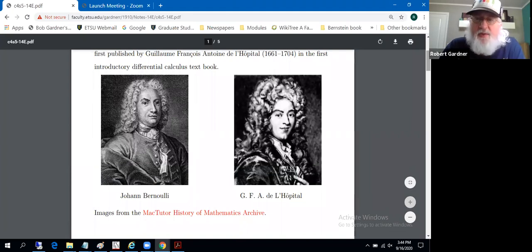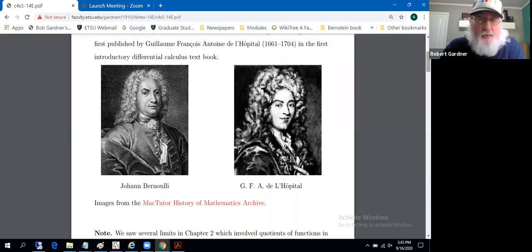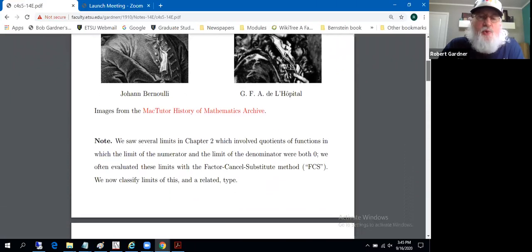They appear to have the same hairstylist, I suppose. These are two different people, though the images look the same, and they lived at the same time. These images are from the MacTutor History of Mathematics Archive, FYI. But we want to get into applying this rule to simplify taking limits.